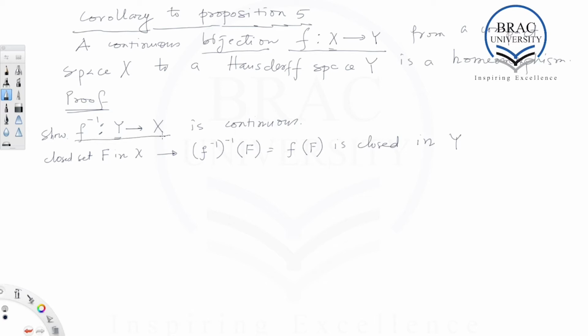So then what are you looking forward to? You're looking forward to the fact that the image of every closed set in X is closed in Y, right? Which means that we are looking forward to proving that this small f is a closed map. Okay.